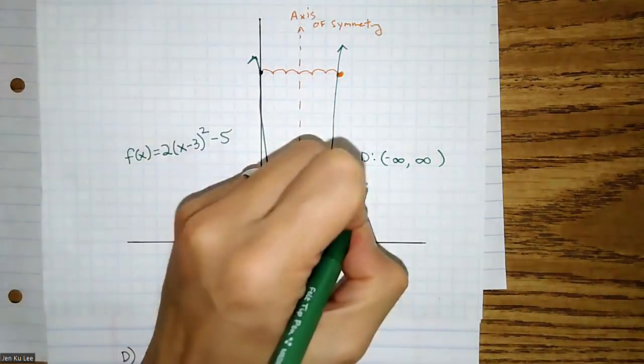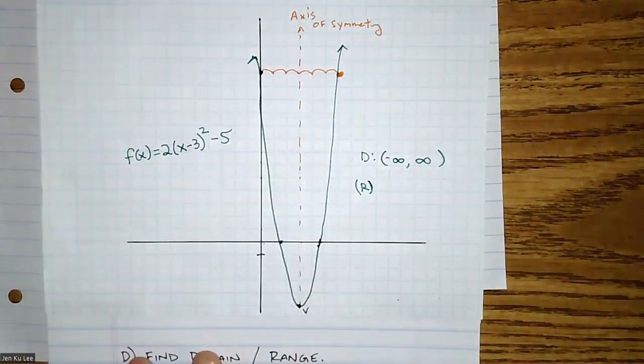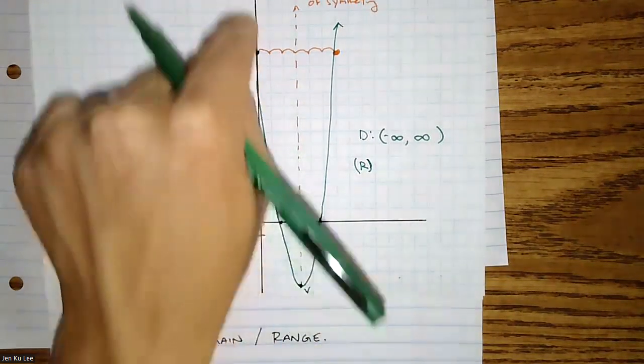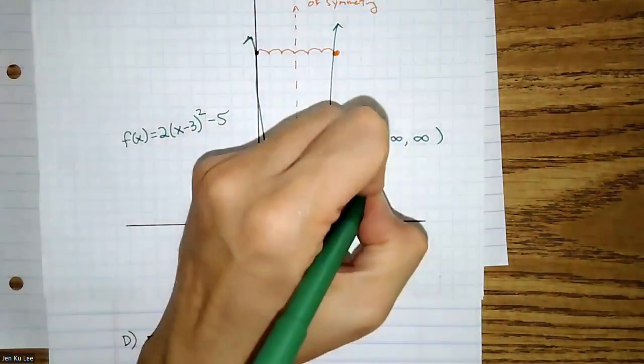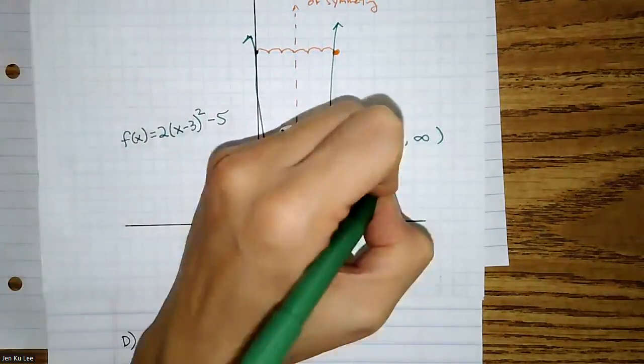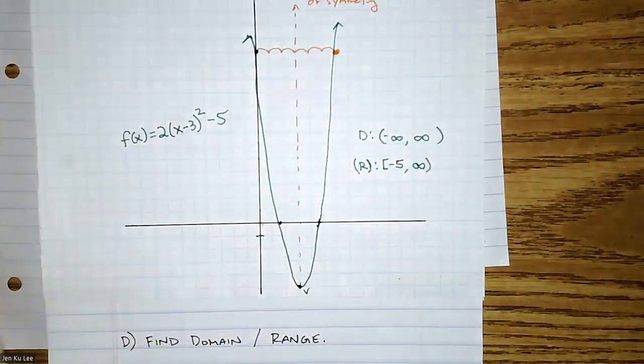Okay. My range, you can see that my range goes from -5 and up, right? So it's bracket -5, comma, infinity, parentheses.